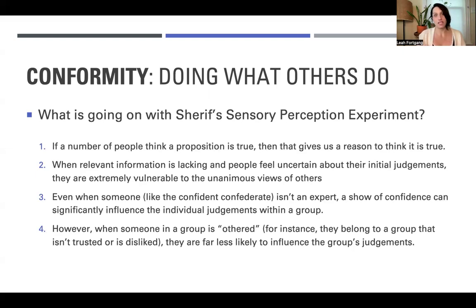Or that person's a Red Sox fan, in baseball. Say you're a Yankees fan or a Giants fan, you might have pretty strong opinions. You might not really trust or like somebody who is a hardcore fan from a rival team. And as soon as we mark someone out like that in a group, we other them, the whole group is far less likely to be influenced by that one person.